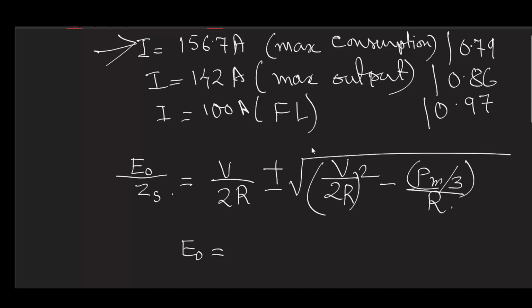This gives you maximum and minimum excitation. If you do it, you will find a value. I'm blindly copying from the book, so I'm not sure about the correctness of the result. You may verify it. This is obviously a per phase value. You can convert it into line value.